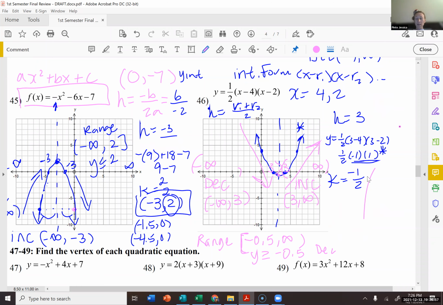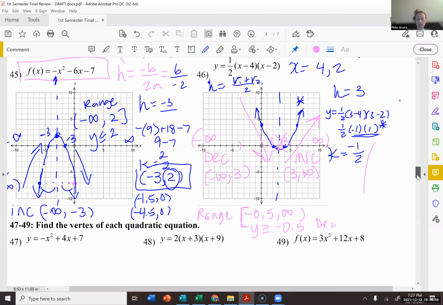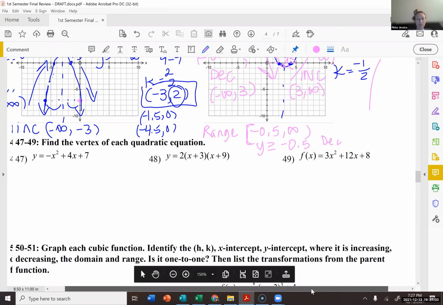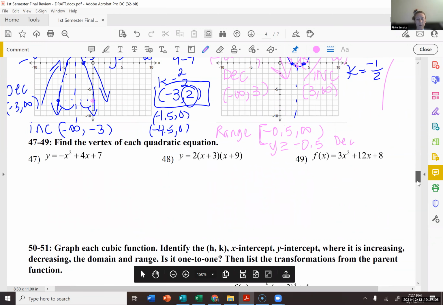It looks like we've got some more work finding the vertex, so that's great because that skill was pretty challenging and we just kind of breezed through it.